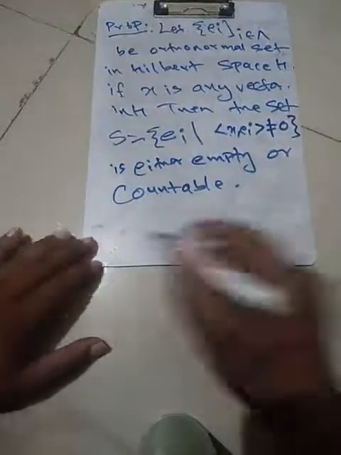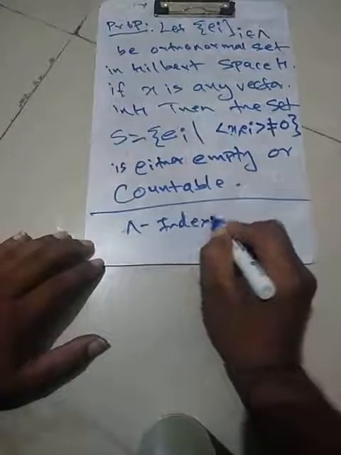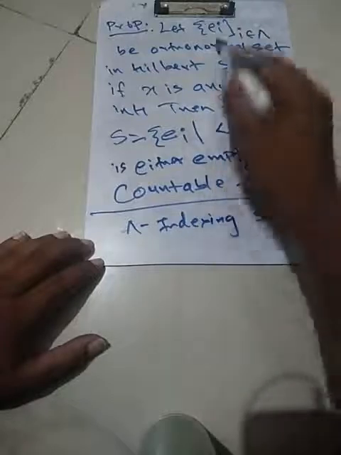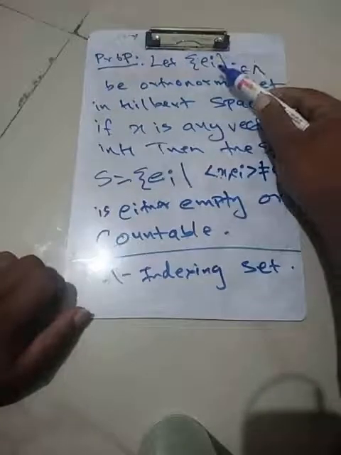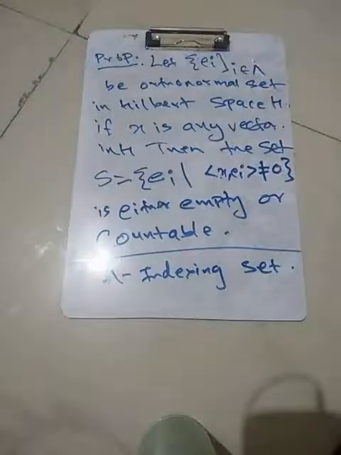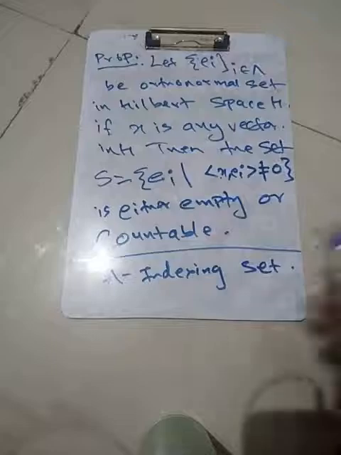So what is Lambda? Lambda is an indexing set. It's an orthonormal set, that is, every vector here is of unit norm, and the inner product of any two distinct vectors is 0.